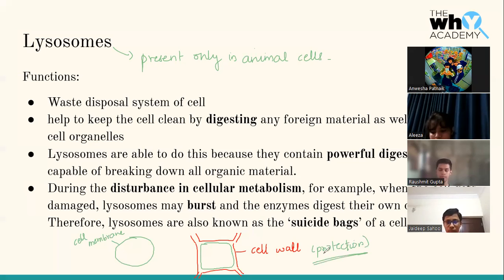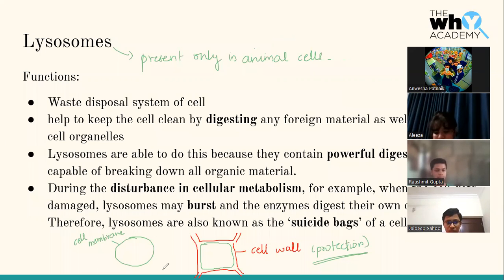Yes, right. Okay. So in plant cells, we have the cell wall and the cell membrane. So there's already a two-layered protection provided in plant cells, which is why harmful substances cannot really easily enter inside the plant cells. Whereas in animal cells, because there's only the cell membrane, there needs to be a check on all the harmful or toxic substances which are entering inside. You can use the analogy of having two doors.